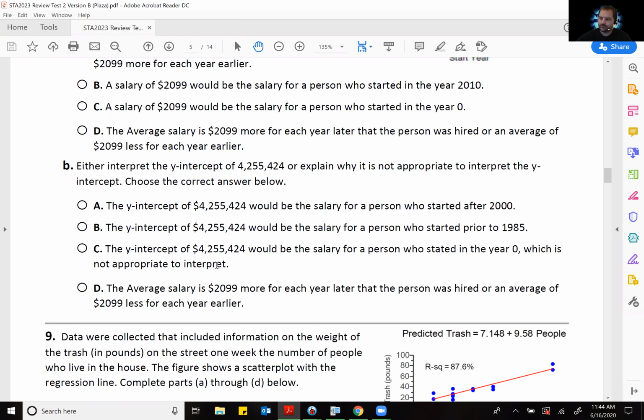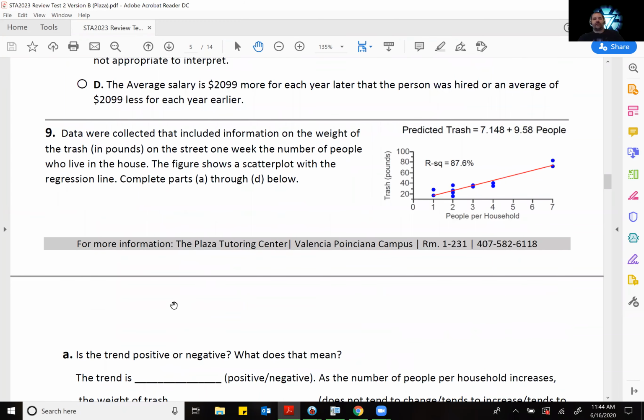Moving on. So question number 9. So we've got this information.